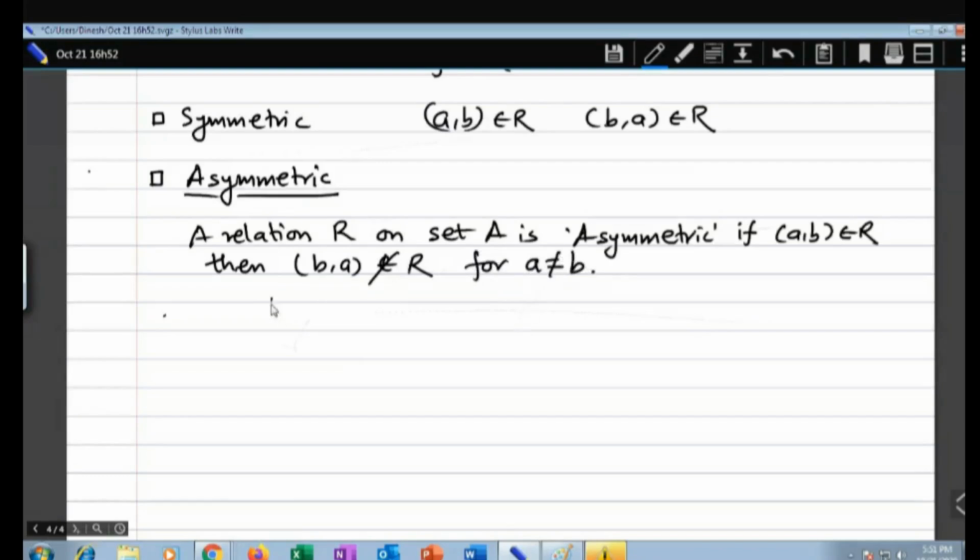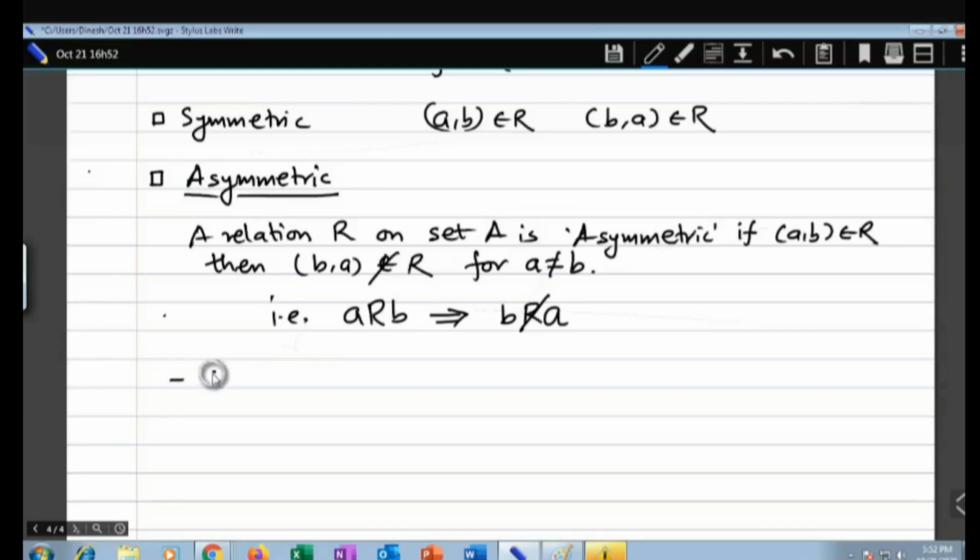You can also write it as a in relation with b implies that b is not in relation with a. In other words, the presence of a comma b excludes the presence of b comma a. Are you getting me?